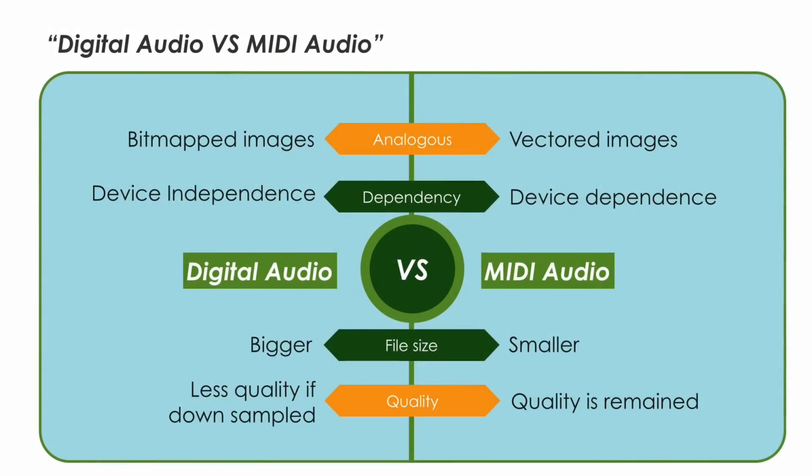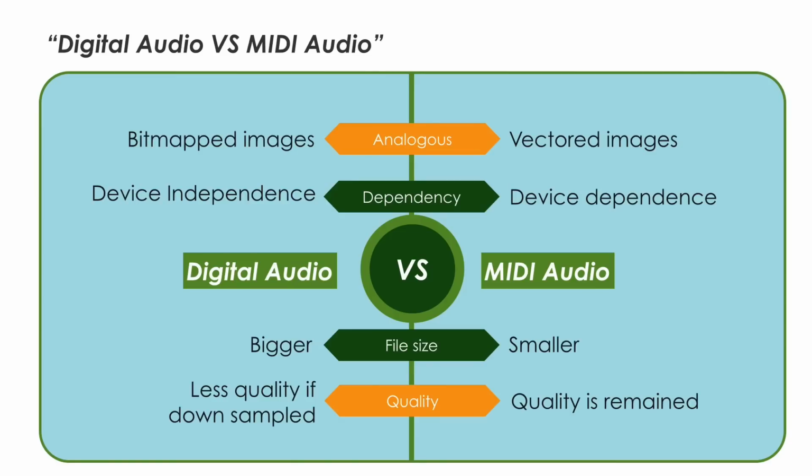Lastly, we are going to discuss about the digital audio versus Midi audio. So first of all, the analogy of digital audio is bitmap images. Okay, yang mana kalau bitmap images, we capture it from the real world situation, the real world picture. So digital audio is we record it from the real world sound.